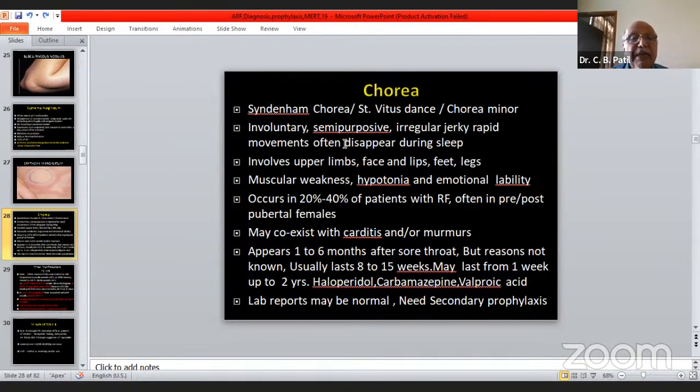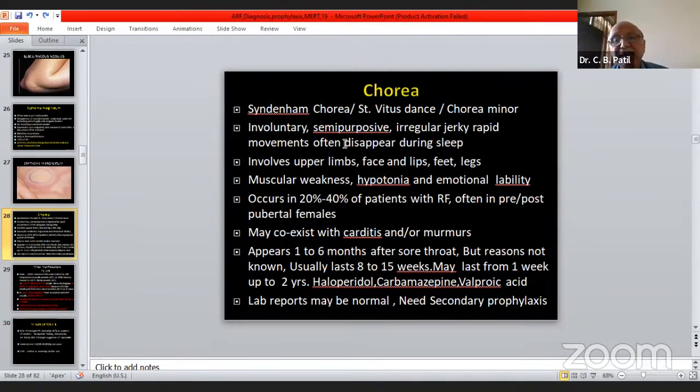Often seen in pre- or post-pubertal females. May coexist with carditis and/or murmurs. Appears 1 to 6 months after sore throat, reasons not known, but usually lasts 8 to 15 weeks. May last from 1 week up to 2 years also.